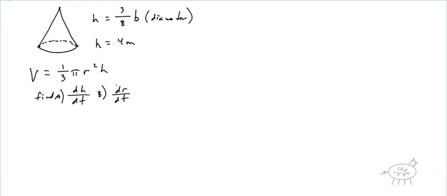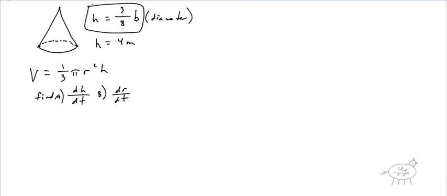So change in height and change in radius. The first thing I want to do is use this formula, because remember, guys, when we do related rates, it's nice to have all the variables and derivatives given to us, but we're only given certain things here.